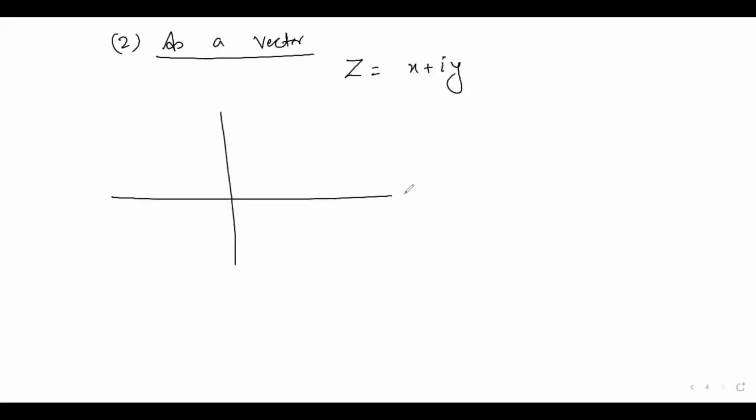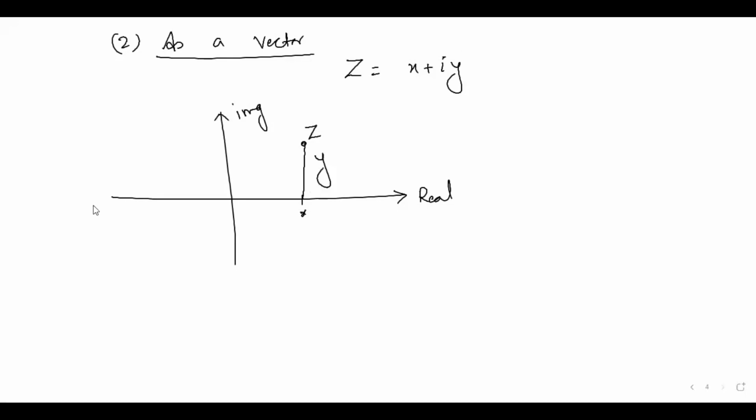The next is as a vector. Let us suppose z is equal to x plus iy. Previously we saw that this is the real axis and this is the imaginary axis, so this will be x units, this will be y units, and this is the point z.